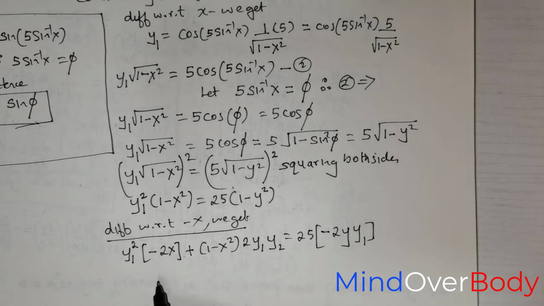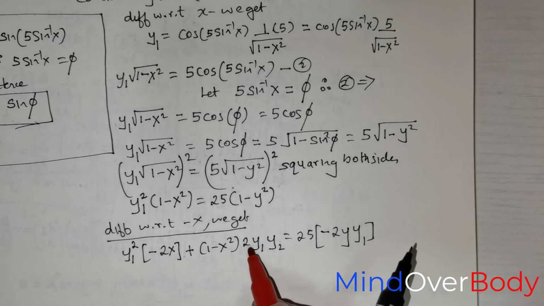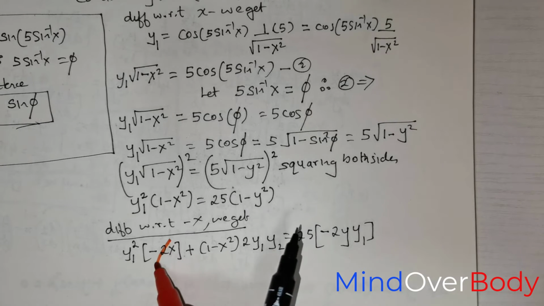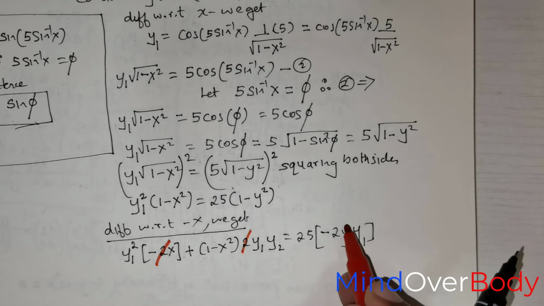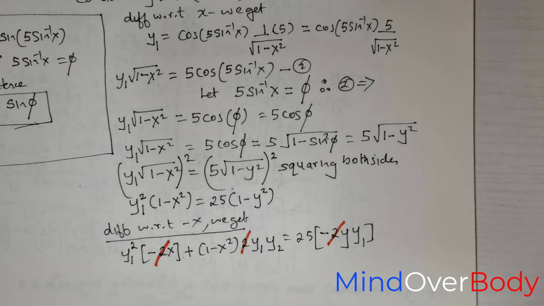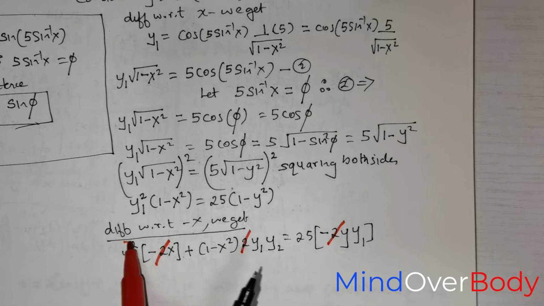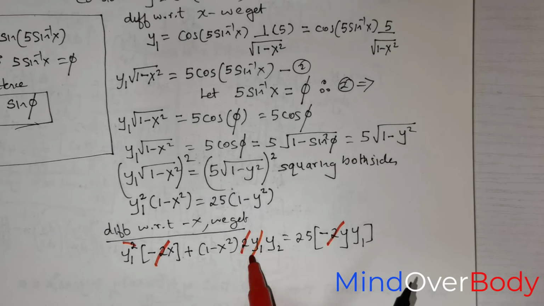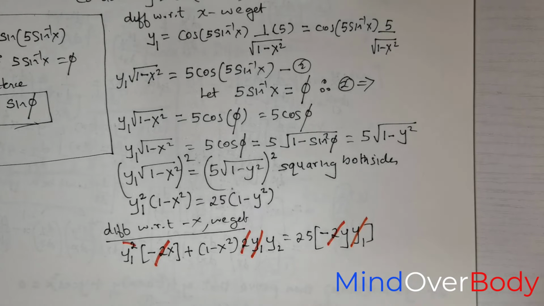So clearly you can see that you have a 2 here, a 2 here, and a 2 here, so I can get rid of this 2, this 2, and this 2, and I have a y1 and a y1 and a y1, so I can get rid of that y1, y1, and y1. So what is left now?